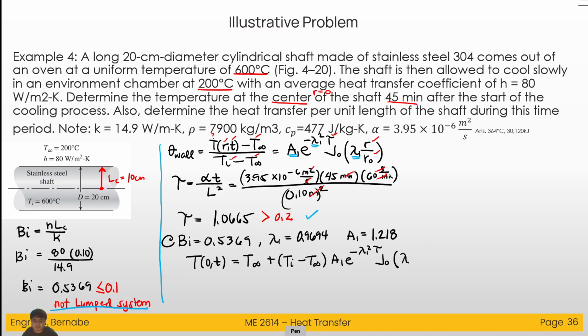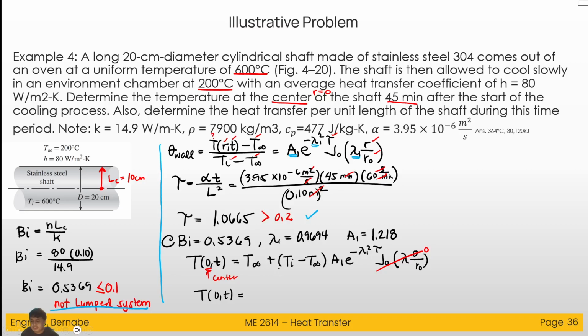So actually this will be 0, so since this is 0 we can just cancel this. So we just have to evaluate this portion. To find the temperature at the center, be mindful, this means center.